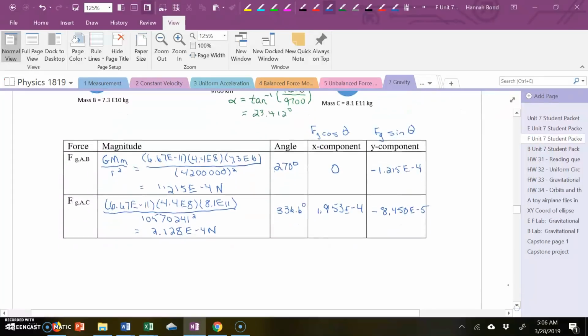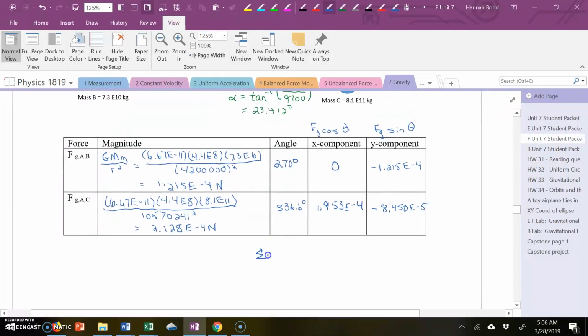So the net force acting on A, I have to add the x components. When I add the two x components, since one of them is 0, I just get 1.953 e to the negative fourth, and then I add the y components.